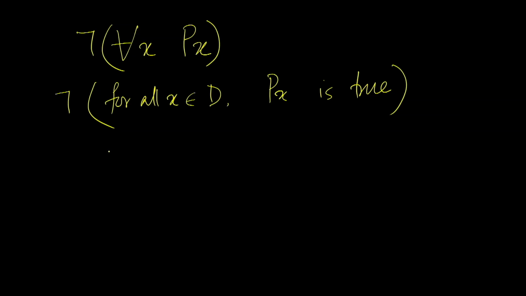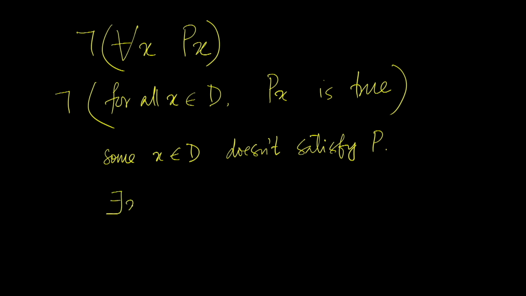So there is somebody who doesn't satisfy P of X. In other words, some X belonging to D doesn't satisfy the predicate P. Or in other words, there exists an X within D so that P of X is not satisfied. So we find that these two statements are equivalent. The negation of for all X P of X is the same as there exists X not of P of X.